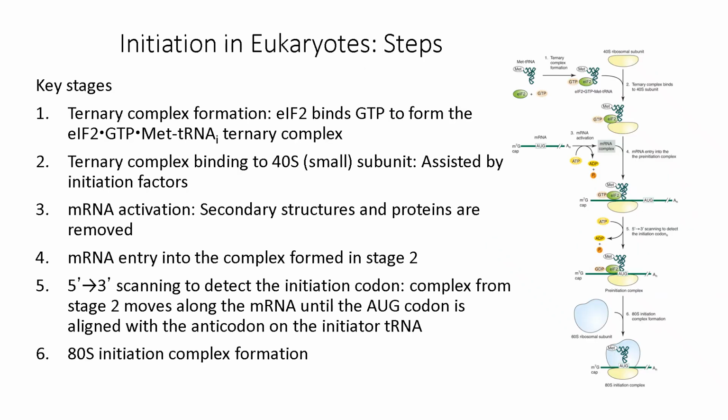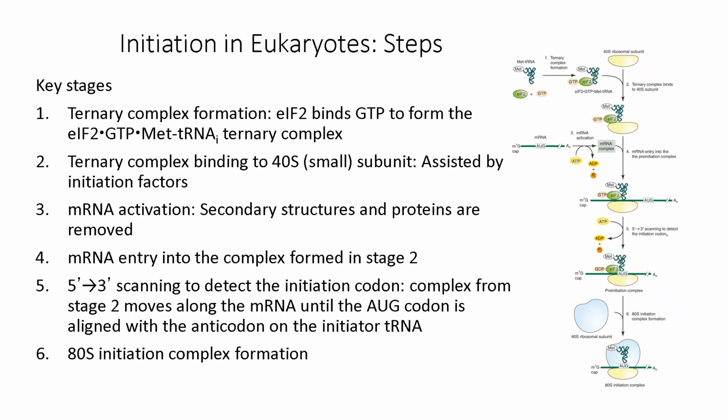Eukaryotic initiation follows 6 key stages. First, eIF2 binds GTP and Met-tRNA to form a ternary complex. Second, this complex associates with the 40S ribosomal subunit, aided by other initiation factors. Third, the mRNA is activated by removing secondary structures.